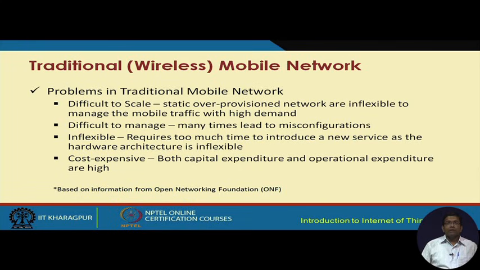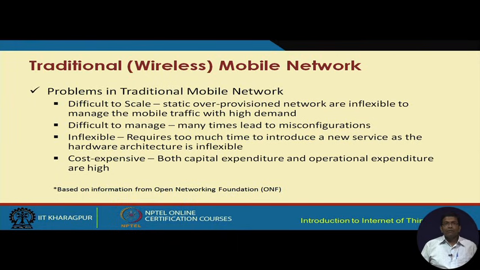Now, let us talk about the traditional mobile wireless networks. There are different problems in these traditional mobile networks, and these networks can be Wi-Fi based networks, mobile cellular networks or other mobile networks.